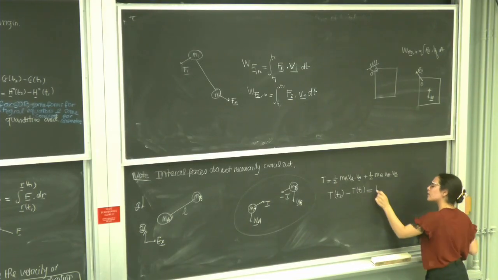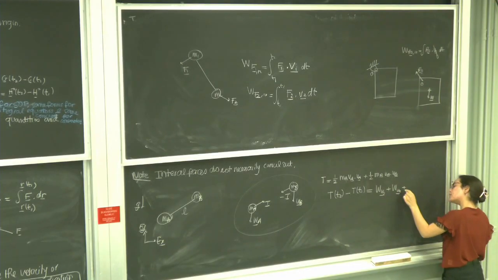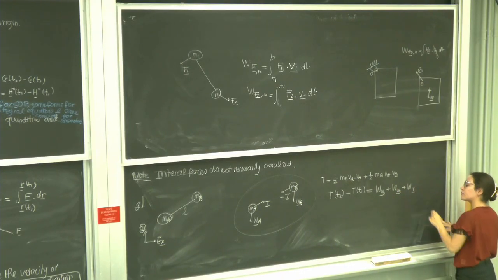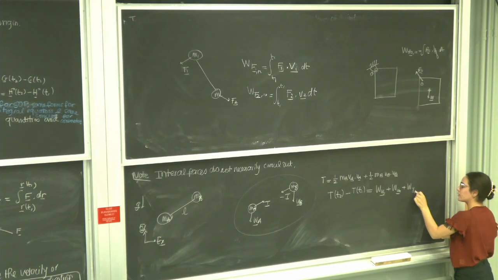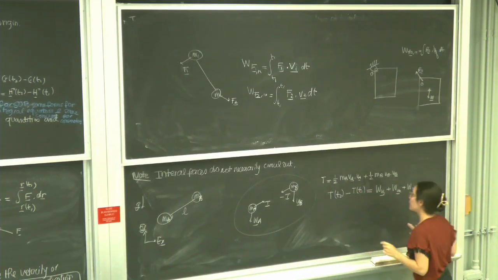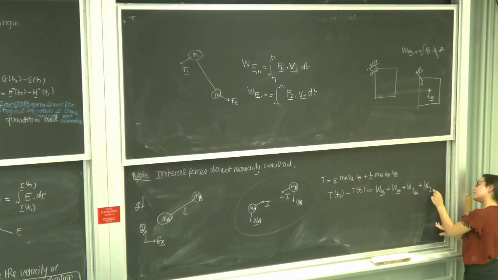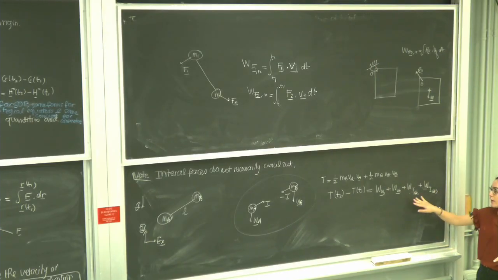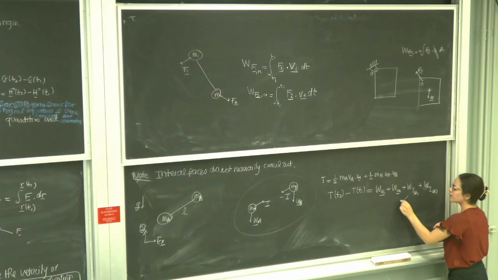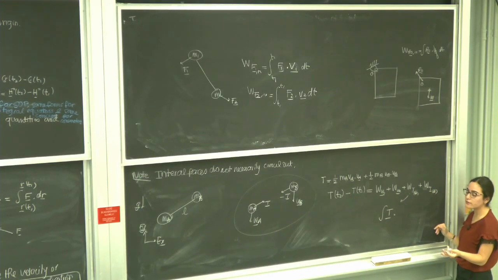So the work of W1 plus the work of W2 plus the work of the tension force acting on A and then plus the work of minus the tension force that's acting on B. Now if I look at these, this is equal to the integral of T dotted with the velocity of which point?